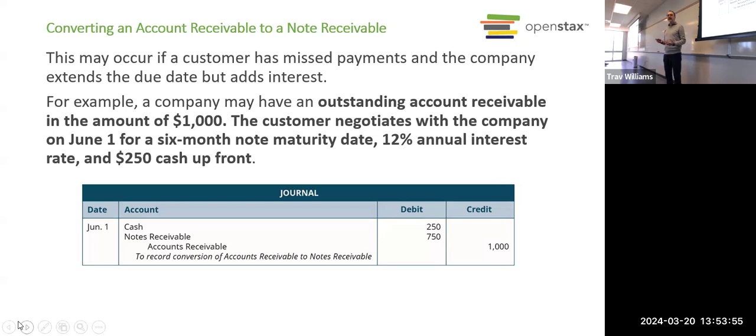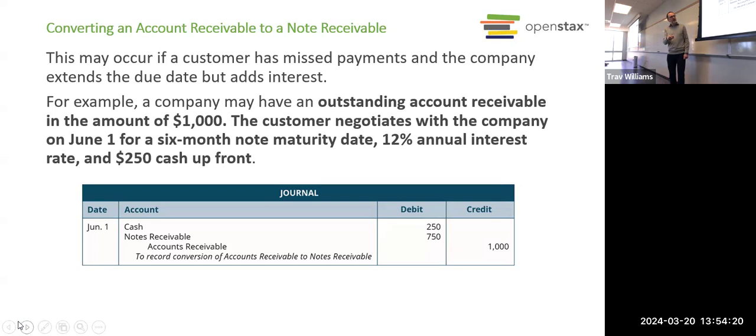We contacted them and they said, well, we can send you $250 right now, but you're gonna have to wait for the rest of it. So we said, okay, we'd like for you to sign a note and we'll start charging you interest. The customer said, okay. So now they've paid us $250.